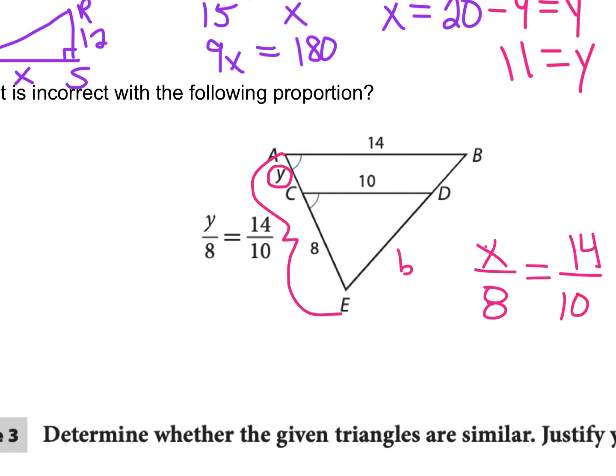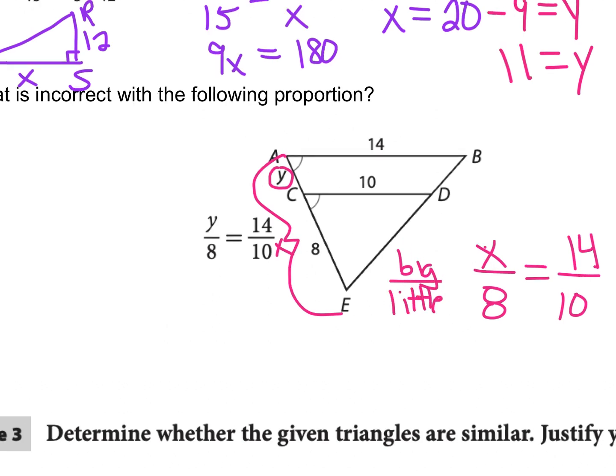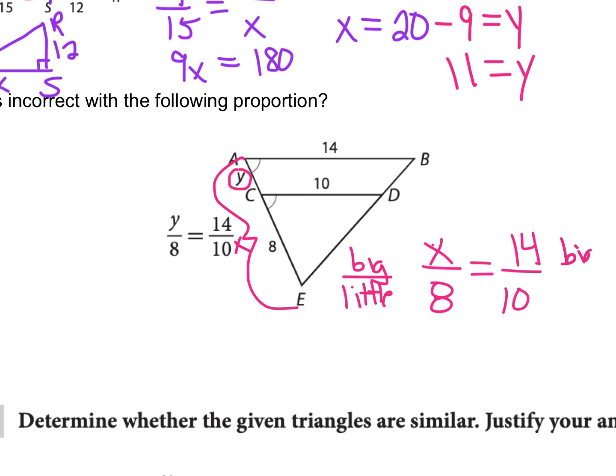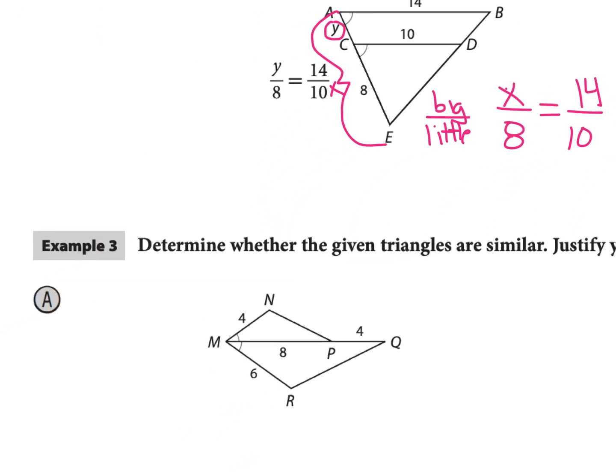And notice we use the big triangle over little equals big over little. The pattern stays the same. Lots of ways to write these up. You just got to make sure your pattern stays the same.